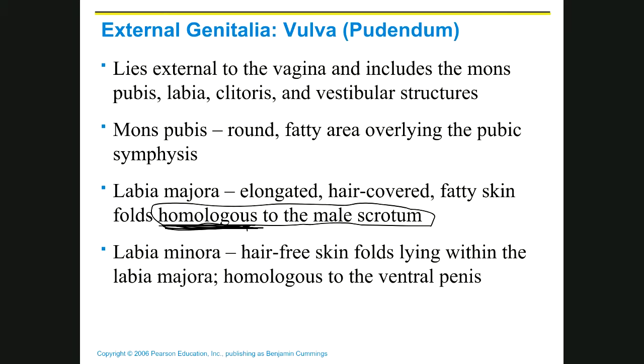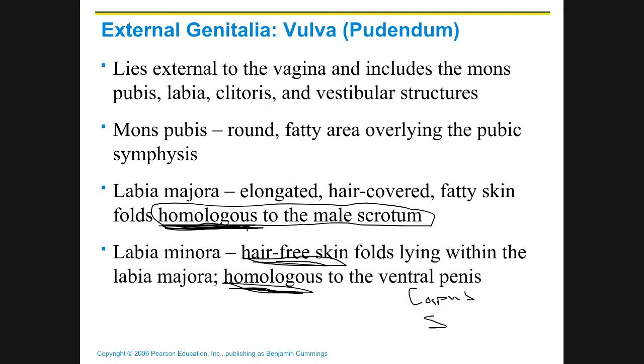And then we have the labia minora. Remember, these are not hair covered at all. They're hair free. It's a mucous membrane. And this is also homologous to the corpus spongiosum. Remember the corpus spongiosum of the penis?